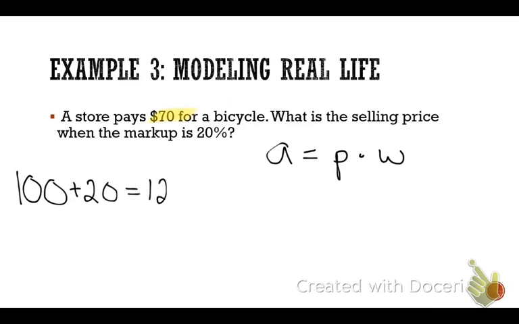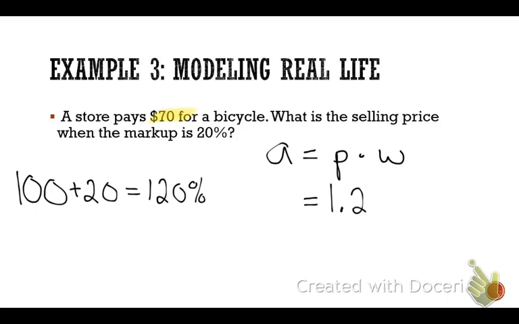That is 120, and then you've got 120%. But remember, you have to change it to a decimal when you plug it back into the equation. So you've got 1.2. Now we need to figure out where 70 goes. A store pays $70 for a bicycle, and it says, what is the selling price when the markup is 20%?